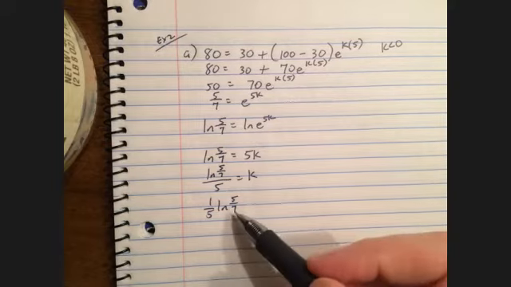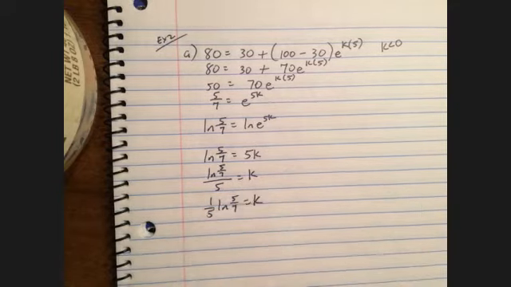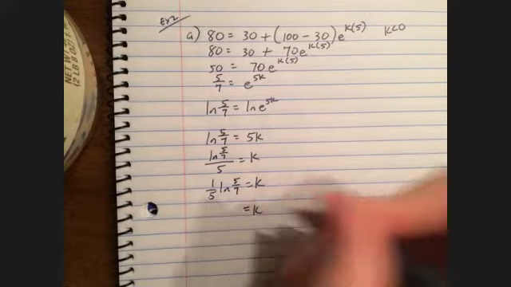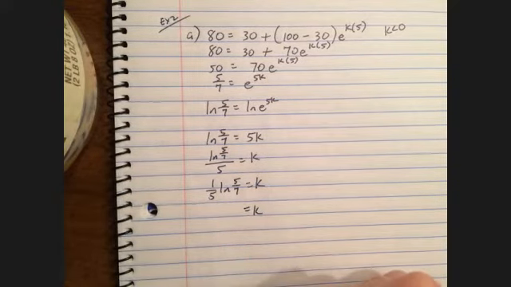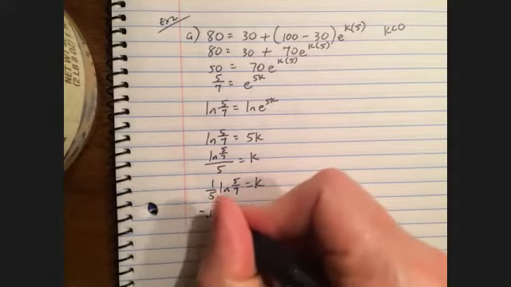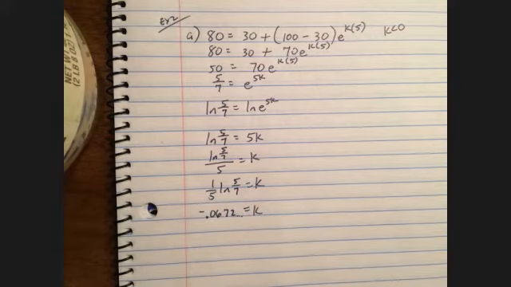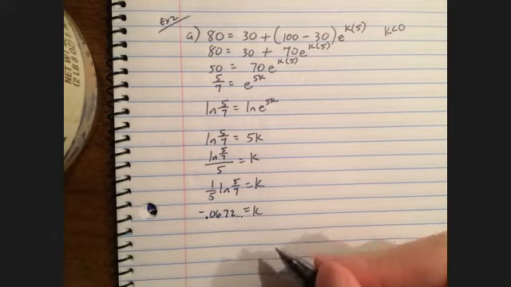And just understand that this would become a negative value. So I'm going to write it like this. If you want to know what it was as a decimal, it's negative 0.0672... So like I said, there are several different ways we can represent that.